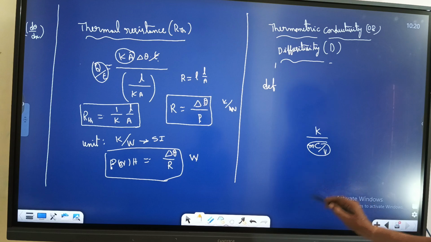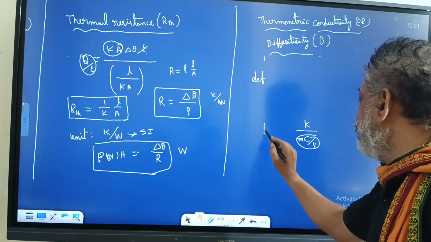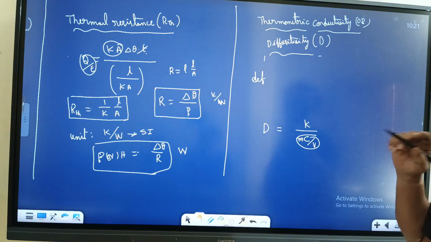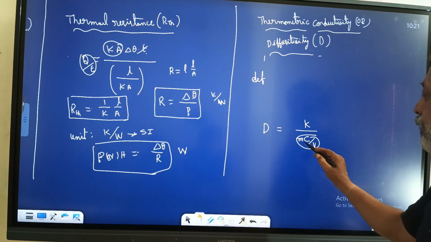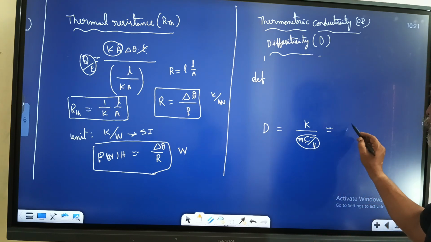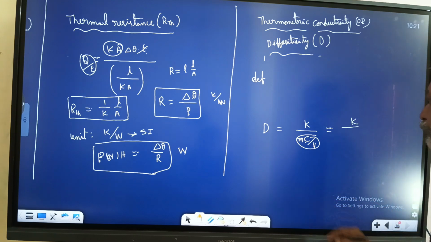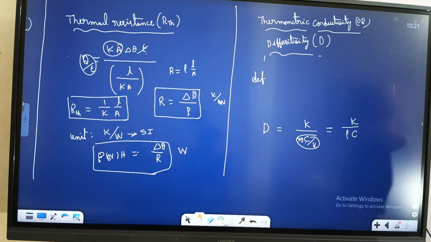Now, what is going to happen? I am going to write diffusivity D is equal to thermal conductivity per unit thermal capacity. Mass by volume gives you density. So K divided by this gives you rho C, where C is the coefficient of specific heat capacity.